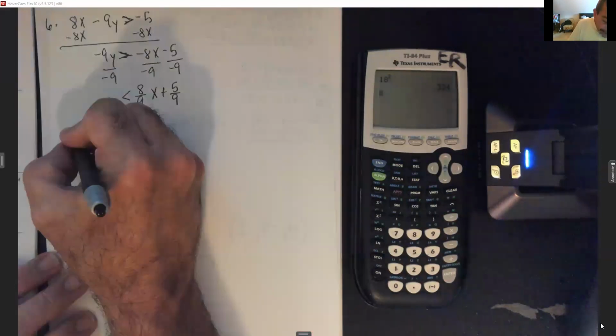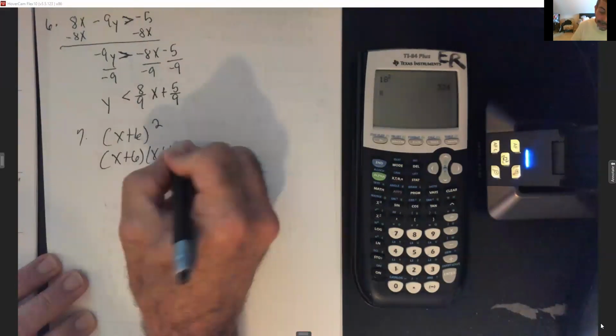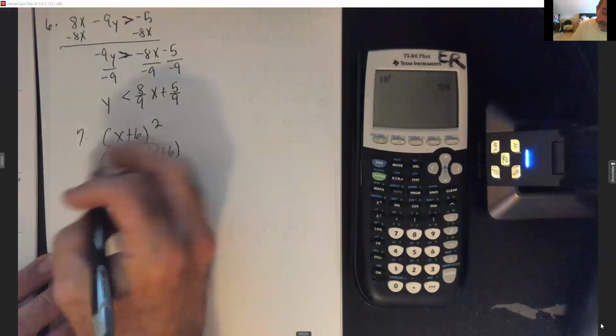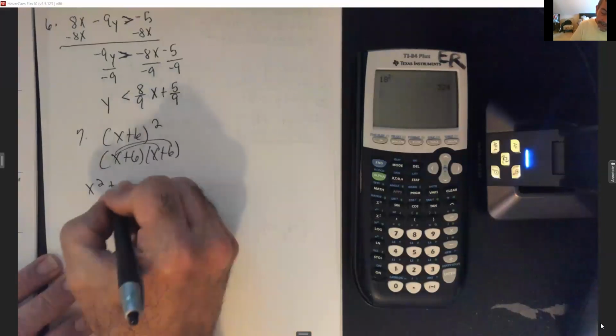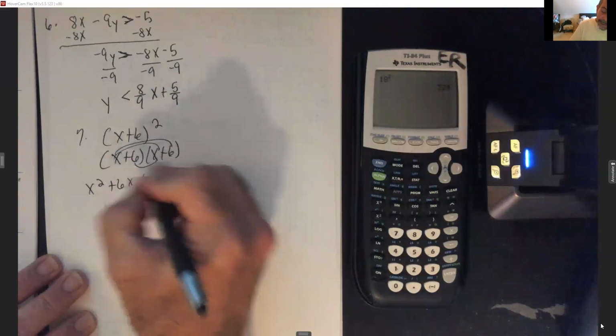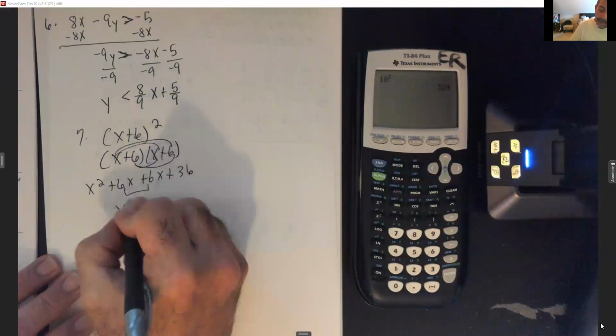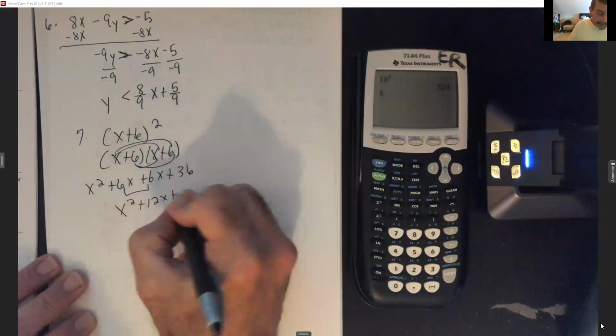So this will be for number 7. x plus 6 squared is x plus 6 times x plus 6, which gives me an x squared plus 6x plus 6x plus 36. Adding like terms, you get an x squared plus 12x plus 36.